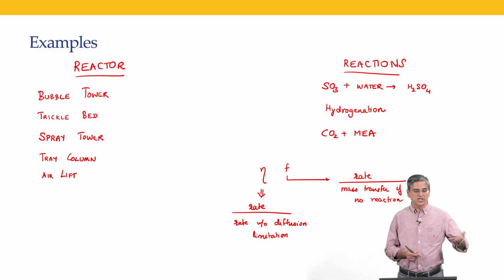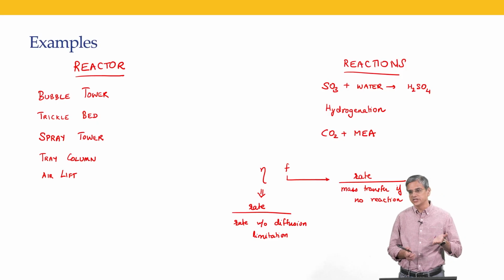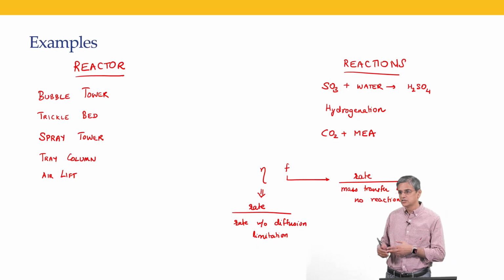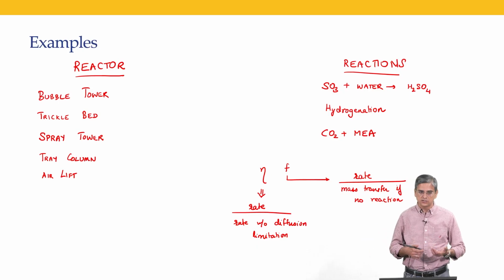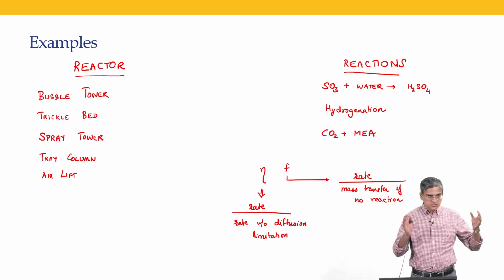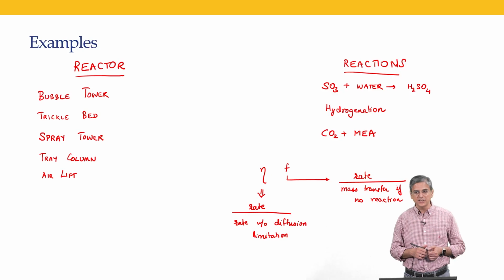But if monoethanolamine is there, the CO2 reacts with that amine. As a result, more CO2 can get dissolved. So the dissolution of CO2 is enhanced because of the reaction, and that is captured by the F factor. The reaction is slowed down because of mass transfer limitation, and that is captured by the eta factor.